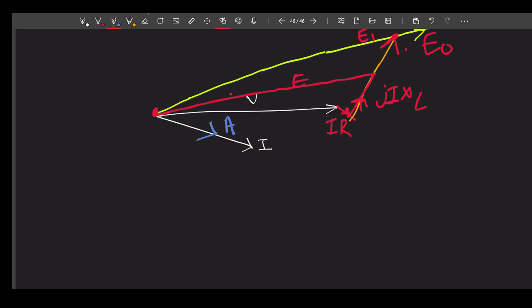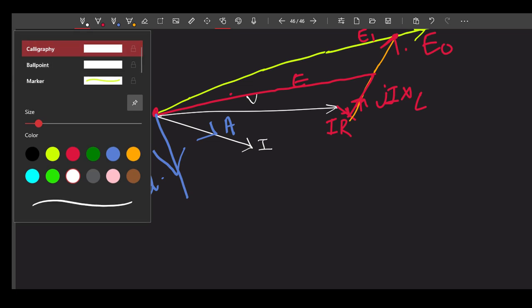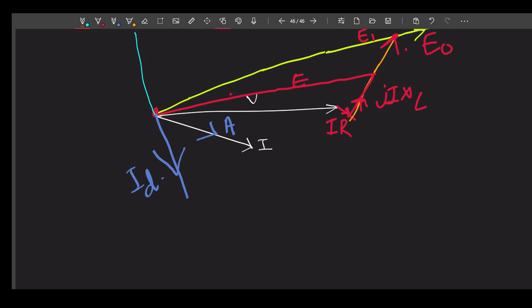So what you will have is your ID, that is acting in opposition to your field flux, right? Here we are having IQ, right?